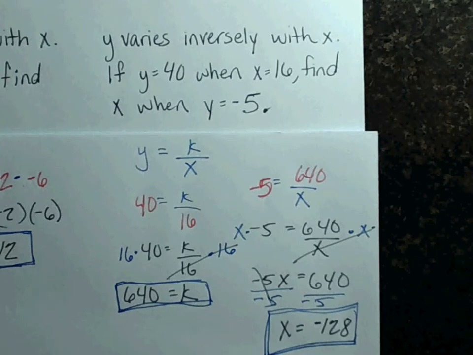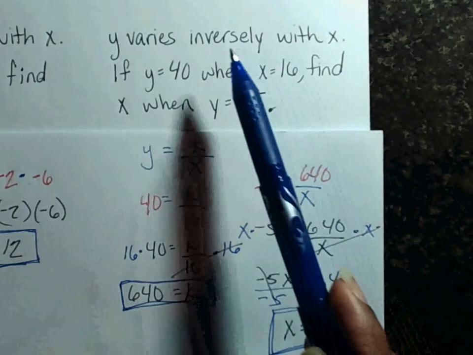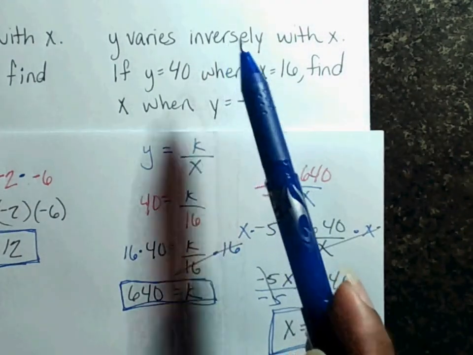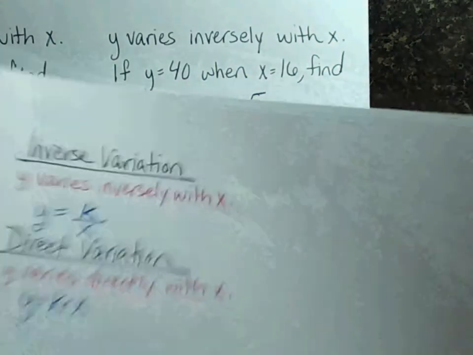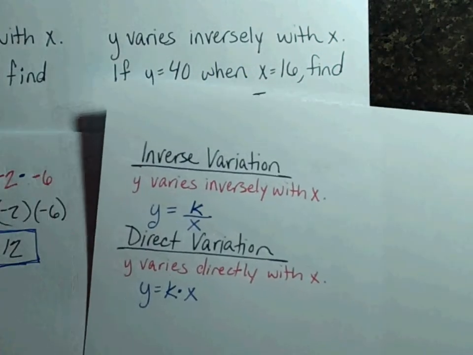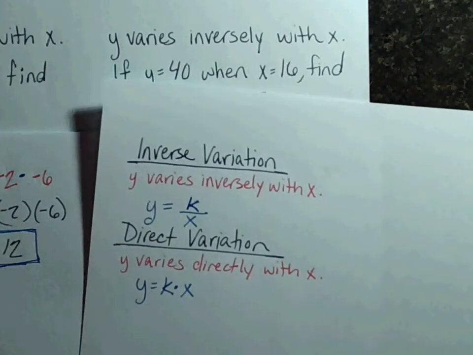That's it, guys. Seriously, that's really all you have to do. All you have to do is read the problem. It's not really a word problem. There's no context to these problems. You read the problem, figure out, is it saying directly or inversely? Look at your formulas. Figure out which formula you're going to use.